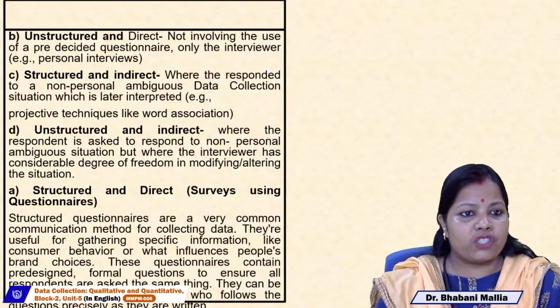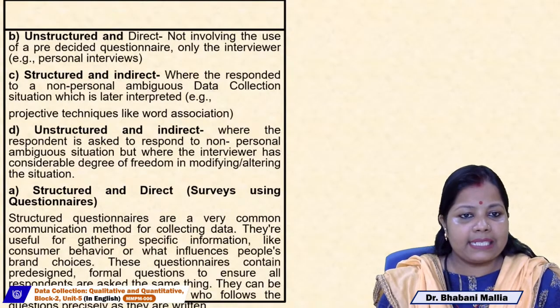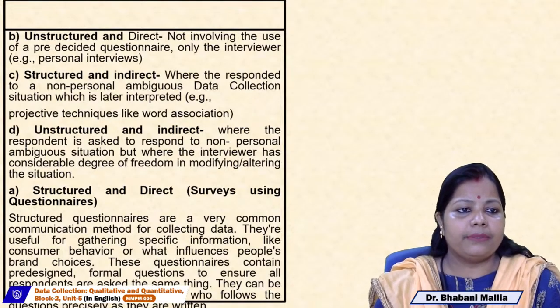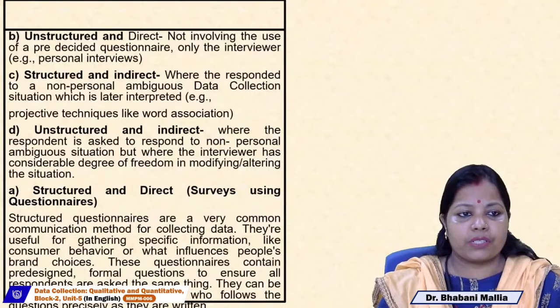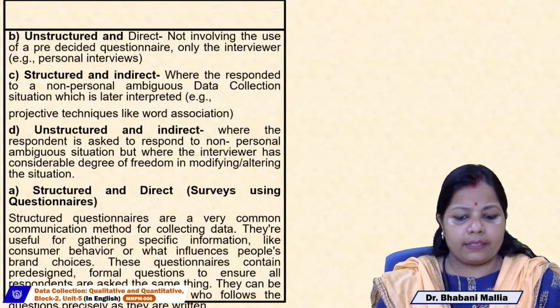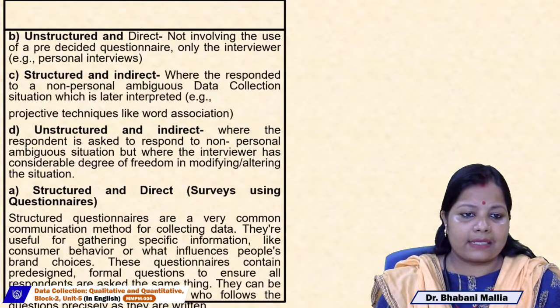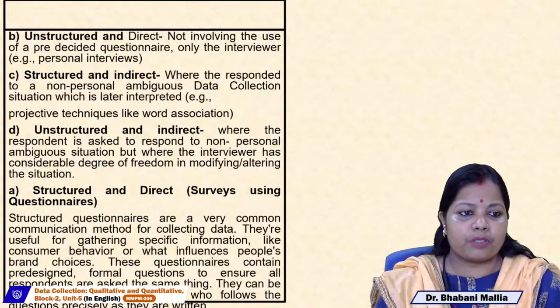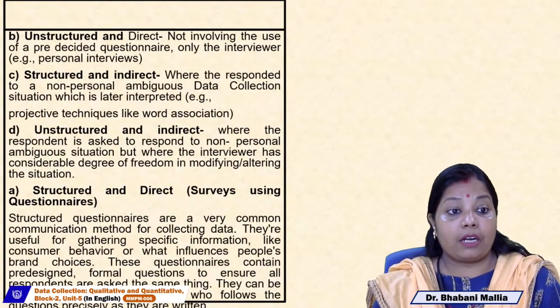And the third one is structured and indirect. The questionnaire is structured, but it is indirect, where the respondent responds to a non-personal ambiguous data collection situation which is later interpreted. Then the fourth one is unstructured and indirect, where the respondent is asked to respond to a non-personal ambiguous situation, but the interviewer has a considerable degree of freedom in modifying or altering it.